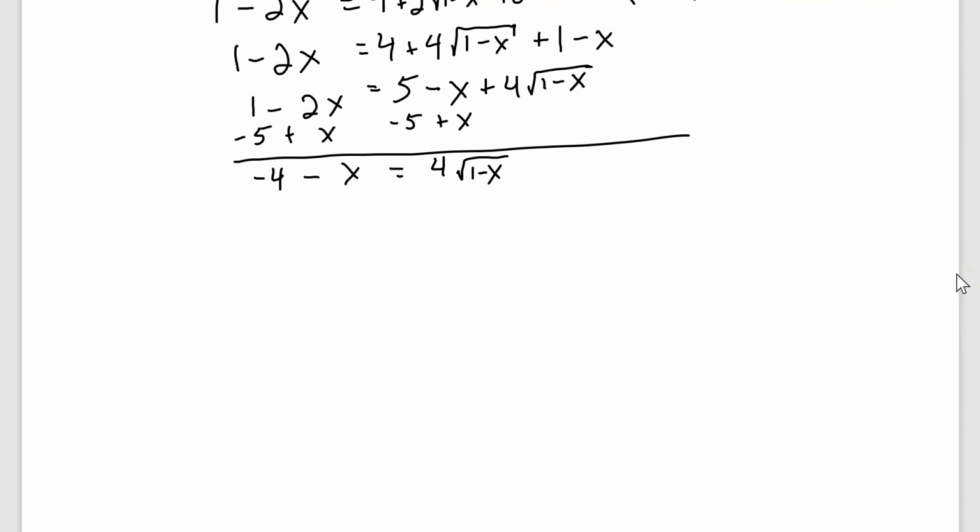Now, before I mentioned dividing out this 4 to get the radical by itself. But if I divide by 4, this ends up with a nice number, but this one does not.